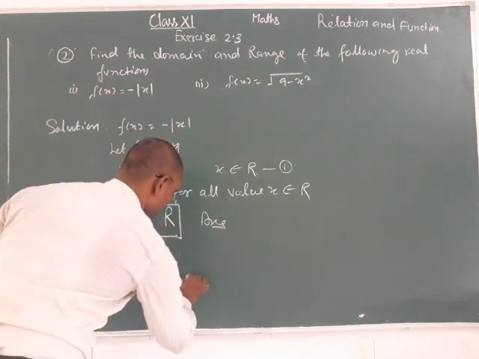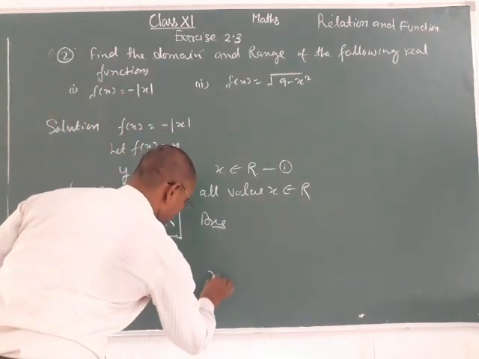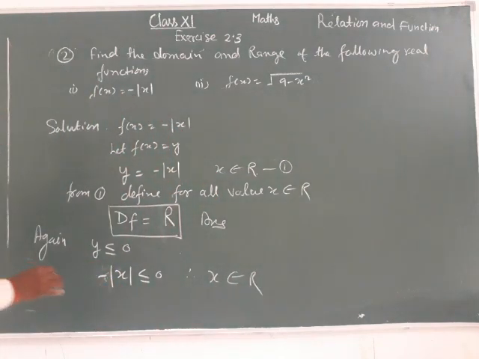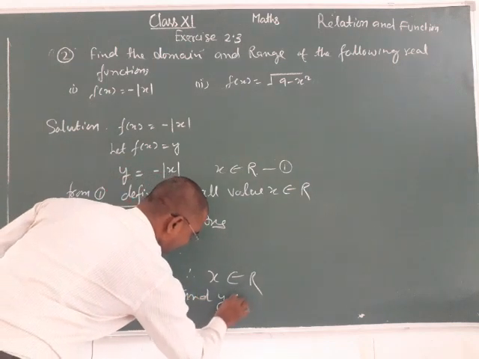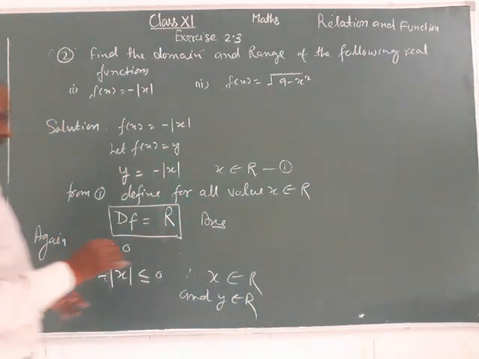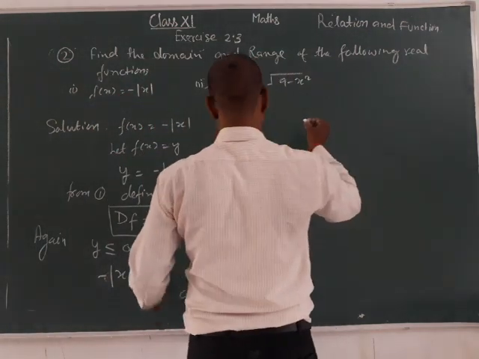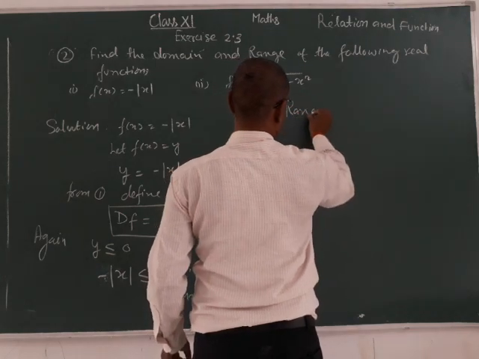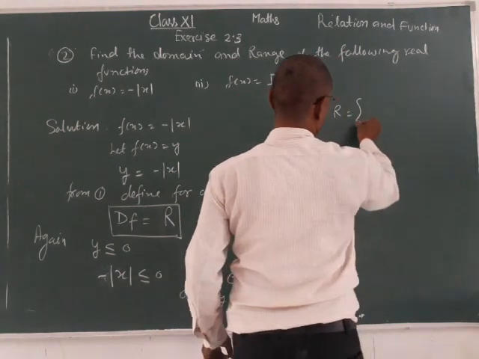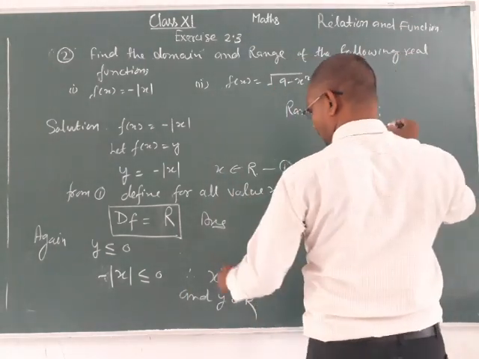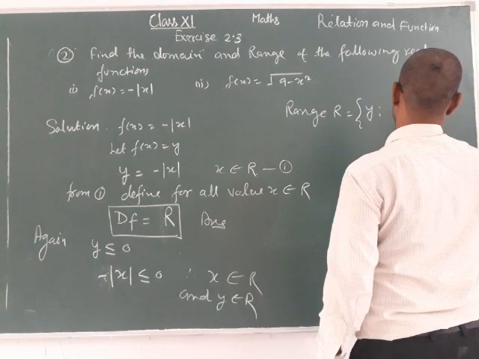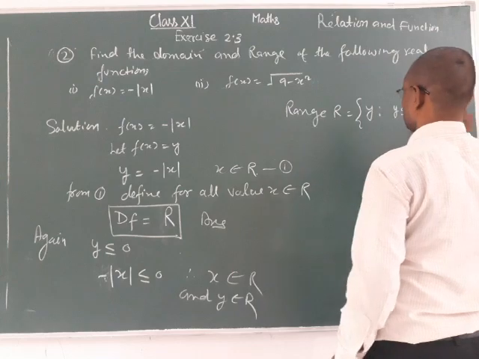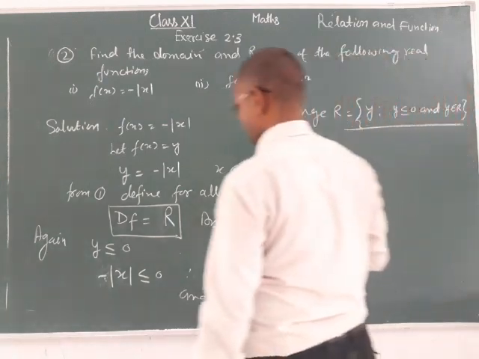Therefore x belongs to R, and y belongs to R. So range is equal to {y such that y is less than or equal to 0, and y belongs to R}. This is the range.